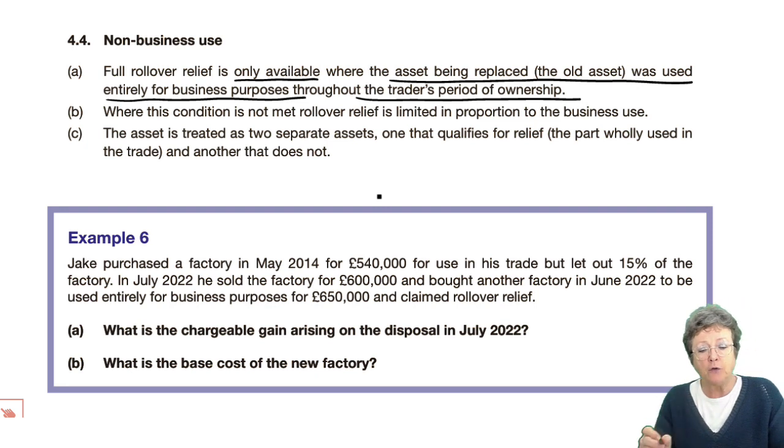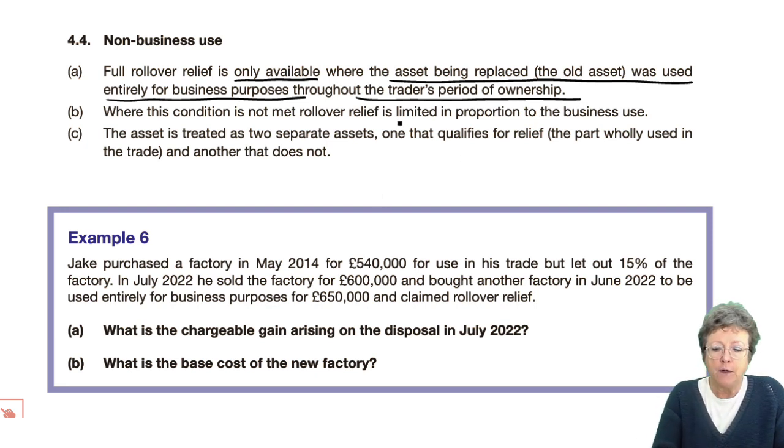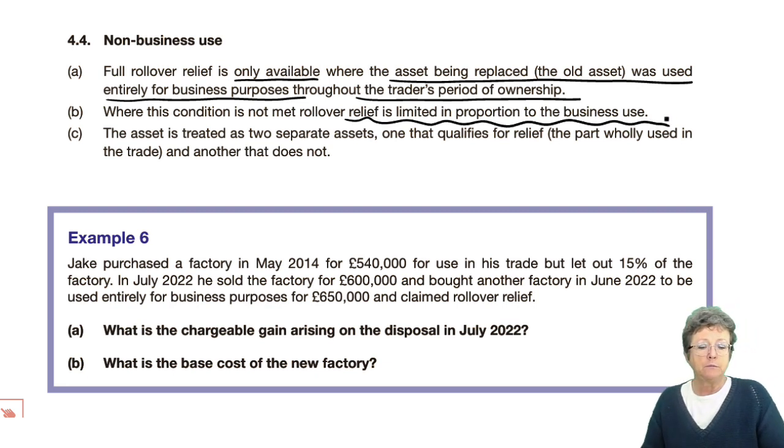Where that condition is not met, relief is limited to the business use only. The asset is treated as 2 separate assets. One qualifies, the part that's used in the trade, and one does not.